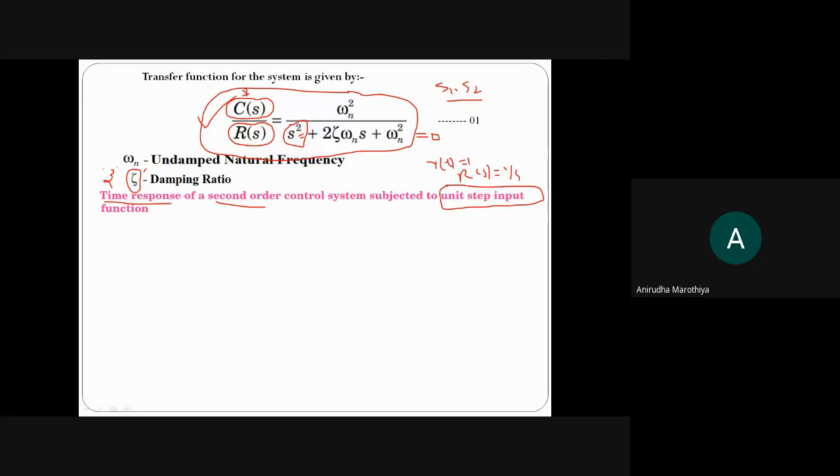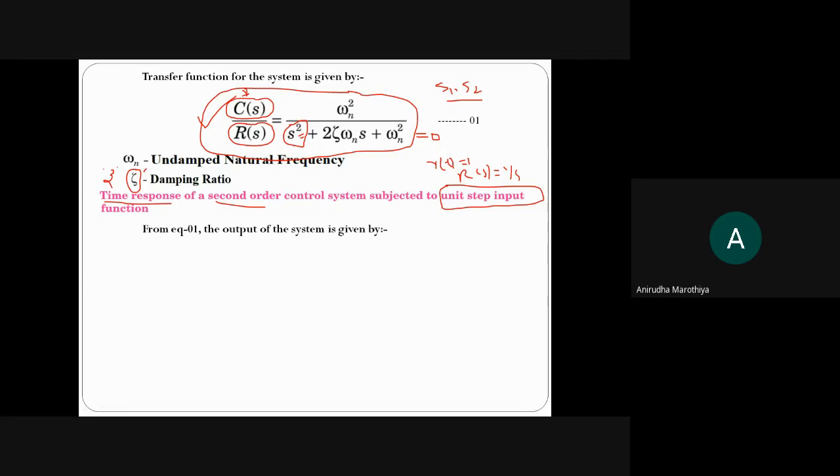The same thing which we have done in case of first order control system, the same thing we need to apply over here. वहां पर भी हम लोगों ने उस particular system का analysis किया था by subjecting it to a unit step input. In the same way here we have taken the same unit step input function in the form of excitation.